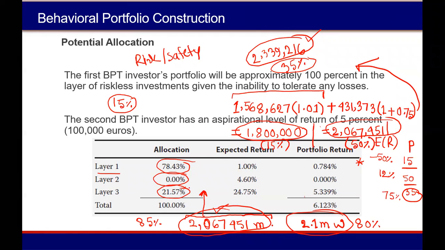I mean, you already have wealth in layer 3, which will give you a higher return than layer 1. You want to make sure that you have at least 2.1 million wealth. That means you need to increase your return. So how can you increase your return? By shifting some investment from layer 1.